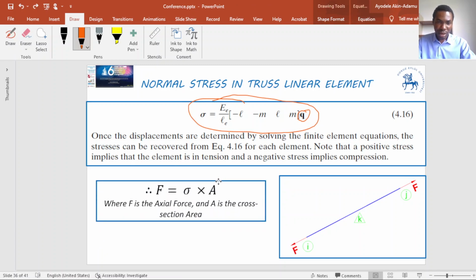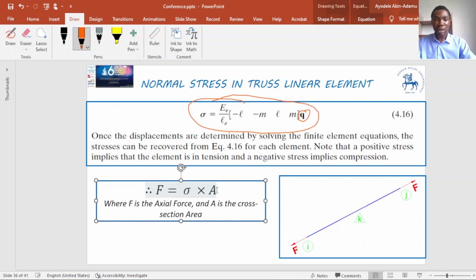You can see I'm multiplying the stress by the area to get the axial force. F is denoting the axial force in the truss element, and A is the cross-sectional area of the truss element.